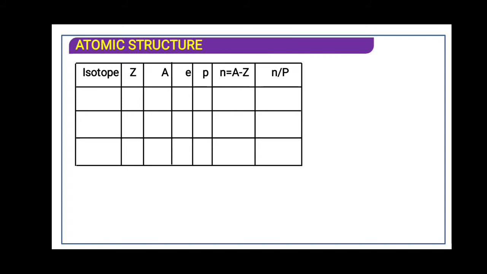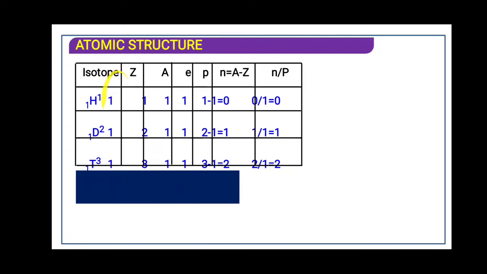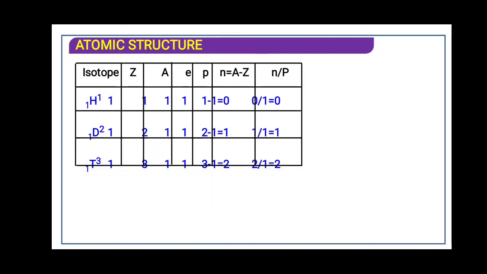For hydrogen, the mass number is 1 and the atomic number is 1. The electron number is also 1, the proton number is also 1, and the neutron number is 0 because there is no neutron in hydrogen one.